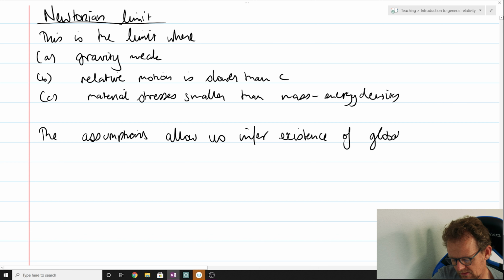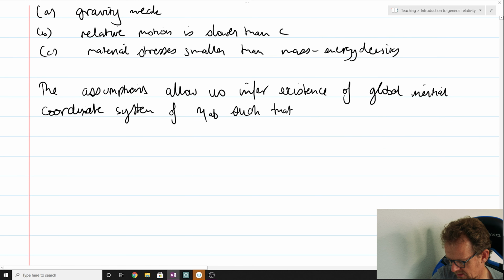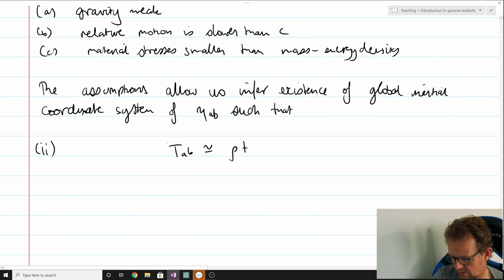But they allow us to infer the existence of a global inertial coordinate system of the flat metric such that, you know, it's all very well to have a global inertial coordinate system, but furthermore such that the stress energy tensor has essentially just got the time component.